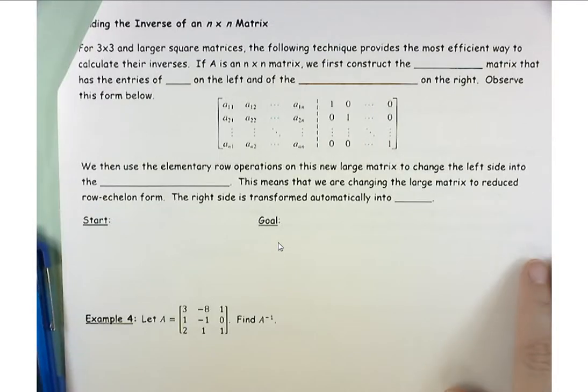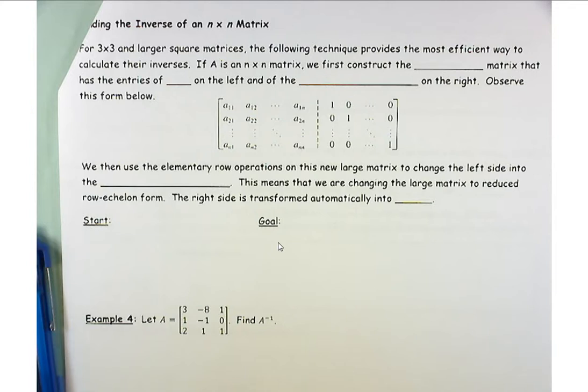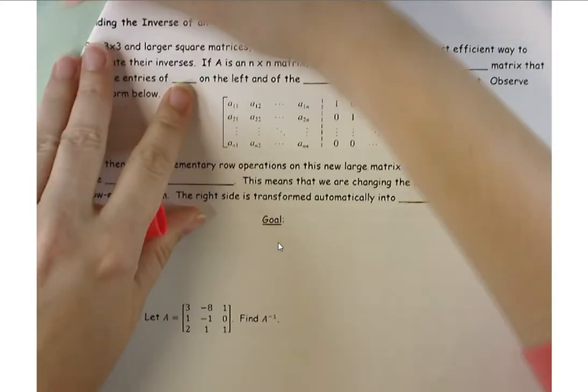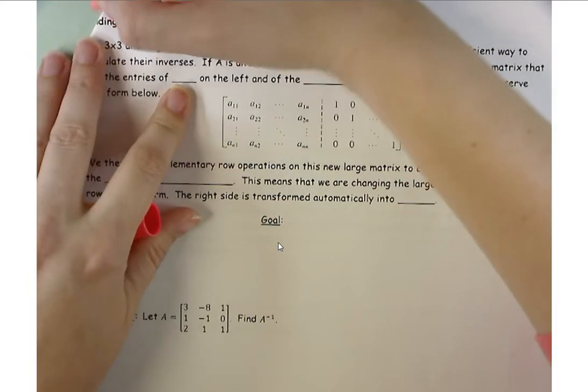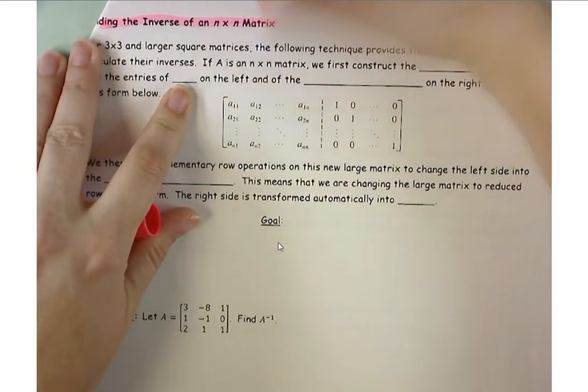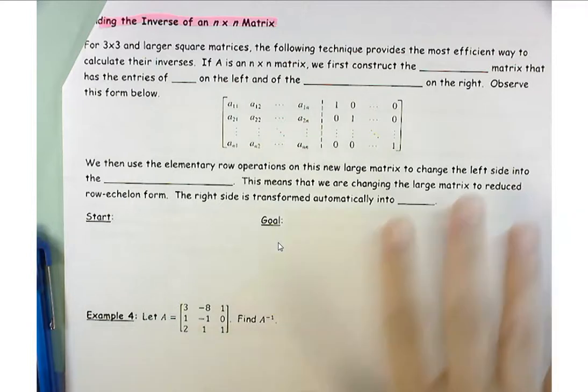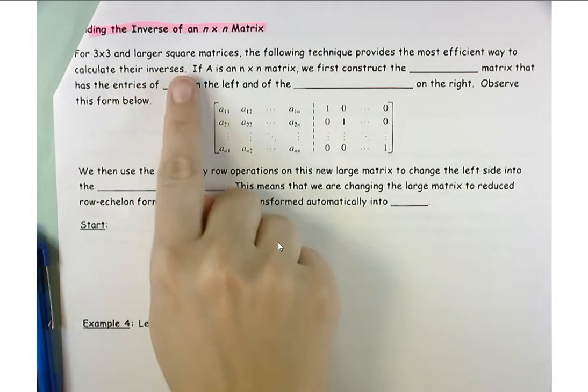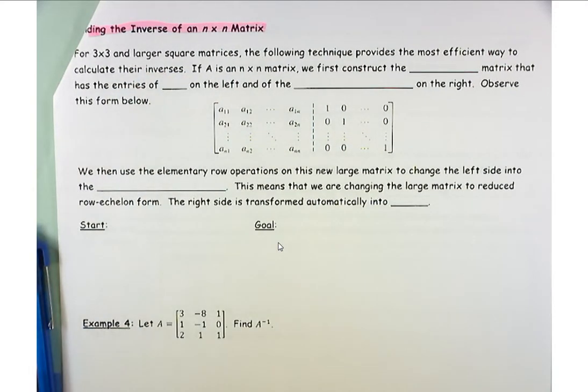So finding the inverse of an n by n matrix. So if you have a 3 by 3 or something larger than a 3 by 3 matrix, then we're going to talk about the technique that's going to give you the most efficient way to calculate their inverses.